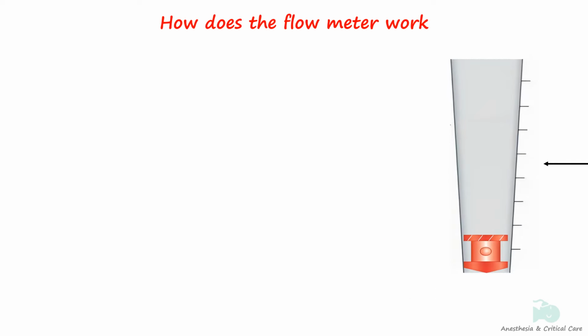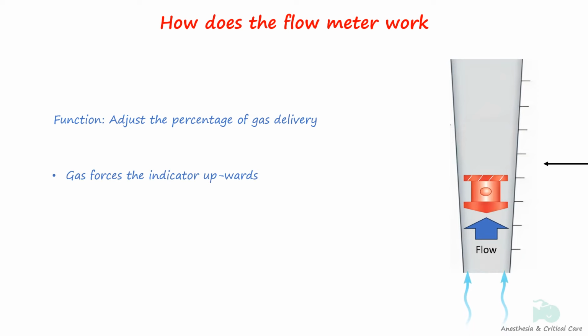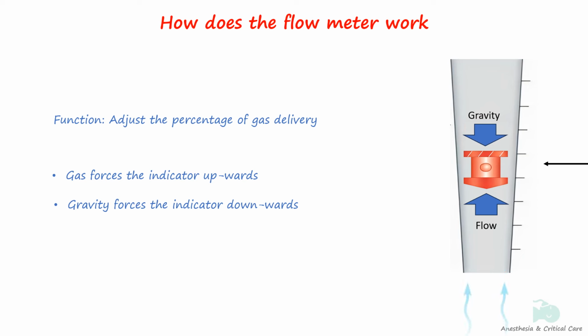Flow meters adjust the proportions of medical gases received by the anesthesia machine as well as the total gas flows delivered to the patient circuit. When the flow control valve is opened, the gas enters at the bottom and flows up the tube, elevating the indicator. The indicator floats freely at a point where the downward force on it by gravity equals the upward force caused by gas molecules hitting the bottom of the indicator.